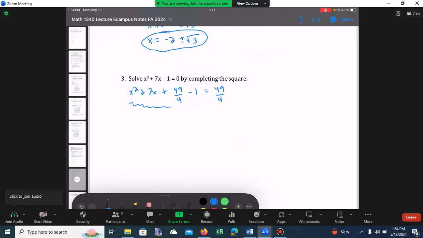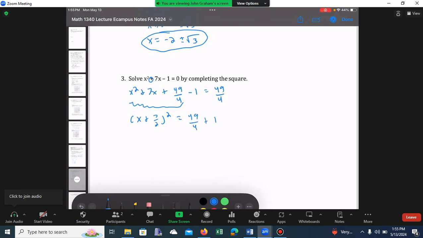Now this x squared plus 7x plus 49 over 4 would become x plus, same sign, and again half of 7 is 7 halves, squared, equals 49 over 4 plus 1.